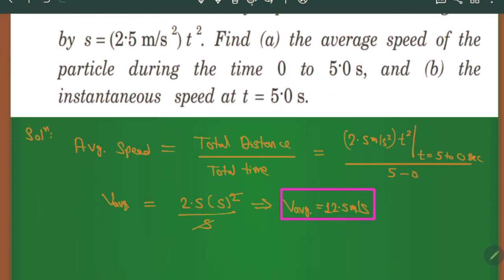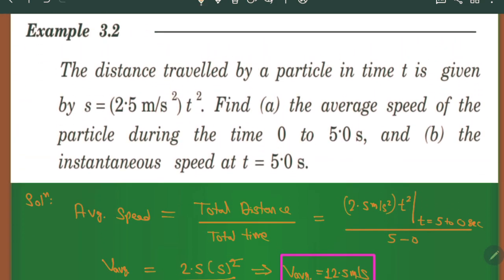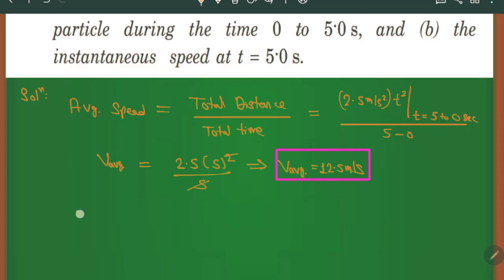Right? And now what they're asking is the instantaneous speed. First you have to differentiate. We know for instantaneous, we do differentiation with respect to time, right? So dy by dt, they have given 2.5 t square. If you do differentiation, we know d by dx of x to the power n is n x to the power n minus 1.